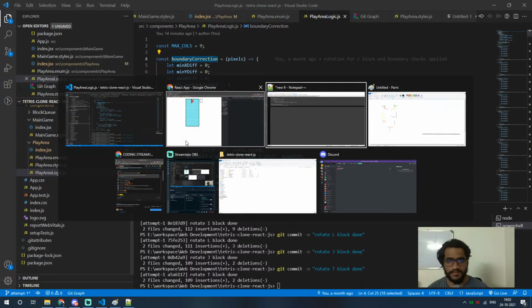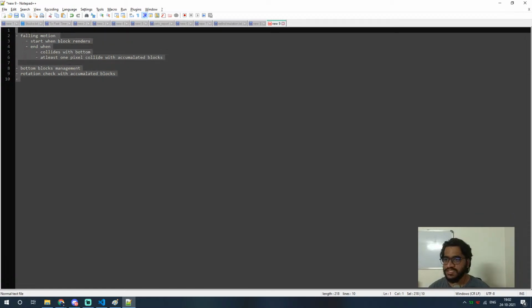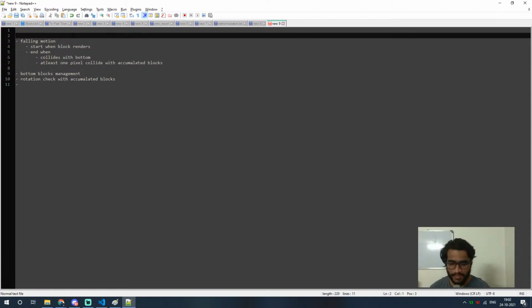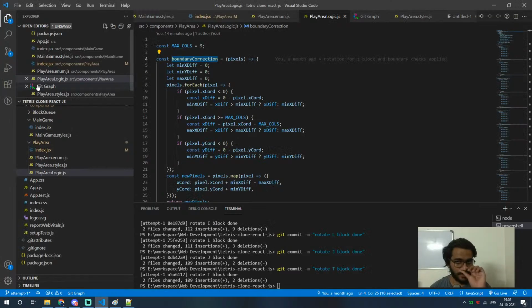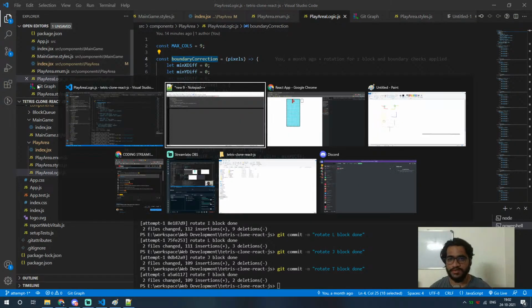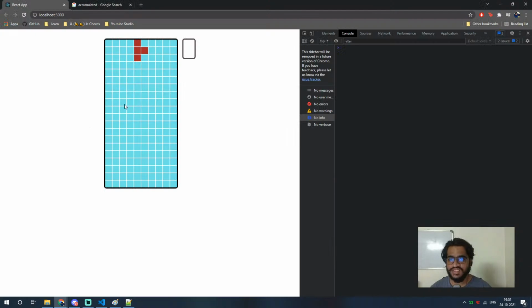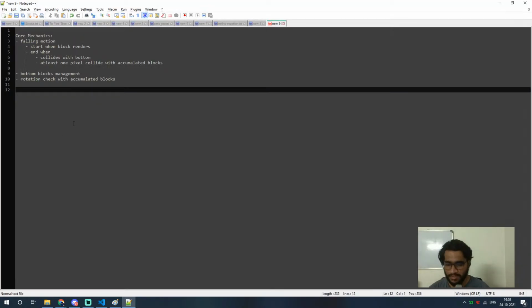Once we achieve these steps, we would be done with the core mechanic. Then we would require to work on the main game mechanic. Sorry, game mechanics, I meant to say the scoring mechanics, right? The scoring of the game.